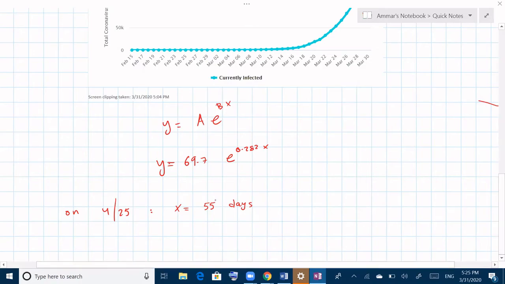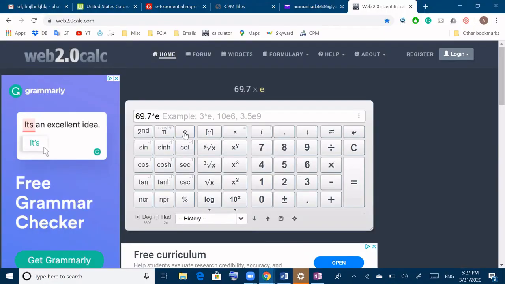So if we plug in 55 here and do the calculation with the calculator, E to the power 0.282 times 55, we get the number of expected cases based on the formula we have.